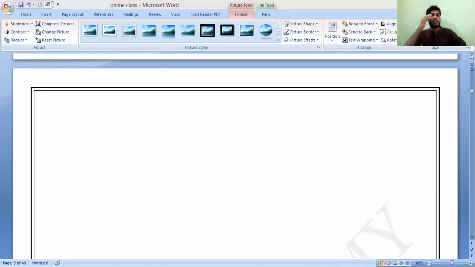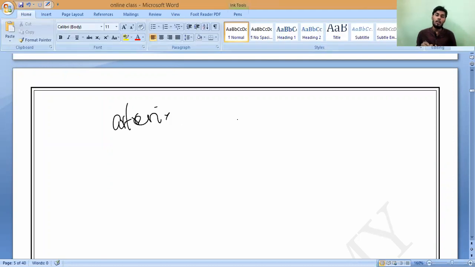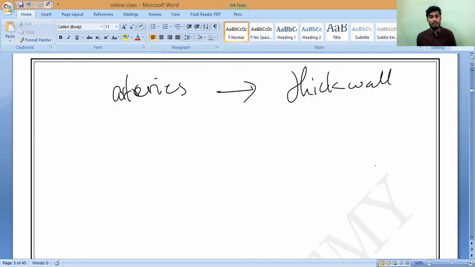So we have three kinds of blood vessels: arteries, veins, and capillaries. The arteries are the thick-walled blood vessels because they carry blood from the heart to all the parts of the body. Basically, we can call them thin pipes. In that, if you particularly consider arteries, they are called thick-walled. Why?